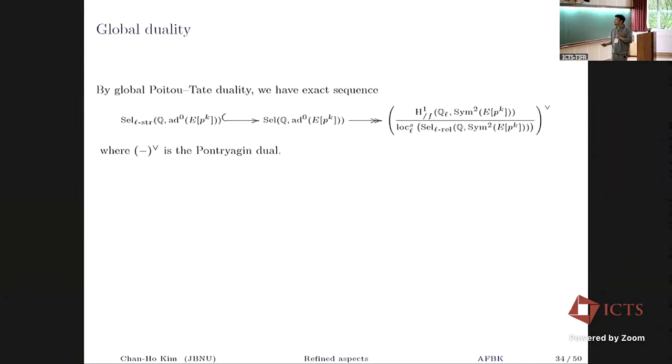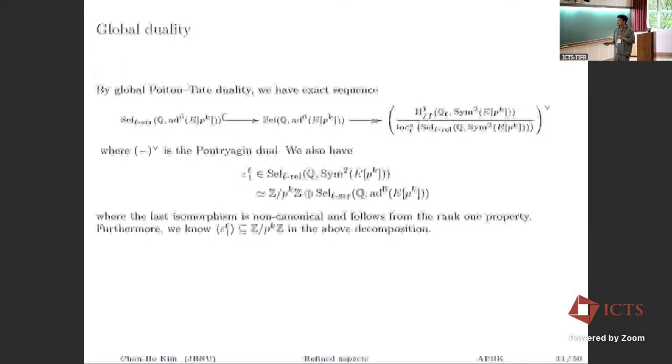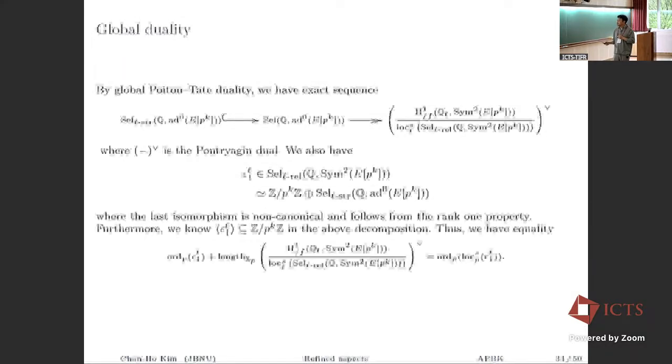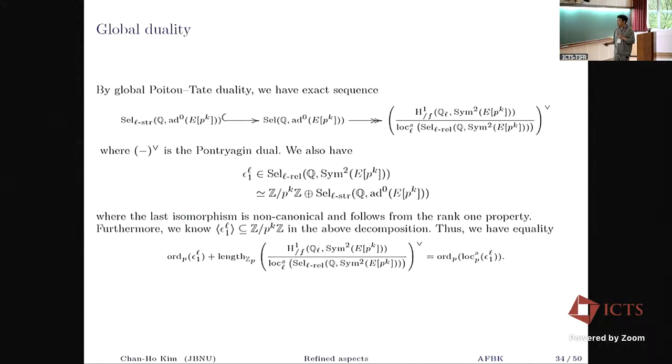By global duality, we can measure the difference. This difference is exactly captured by sending this to the restriction, as an image of the singular quotient. So Weston's explicit reciprocity law will play the role.